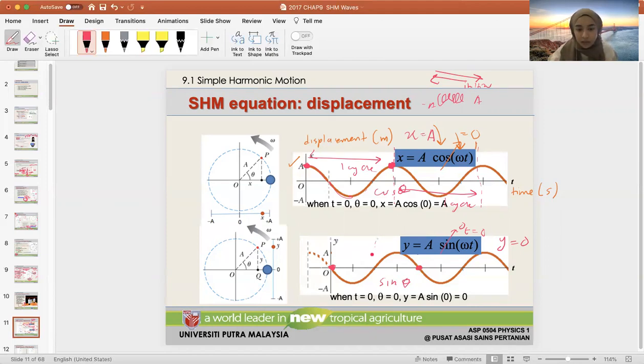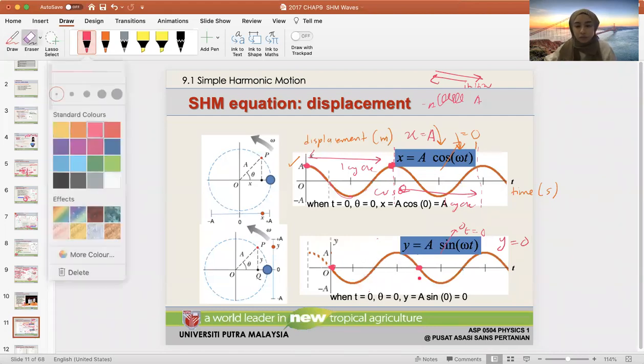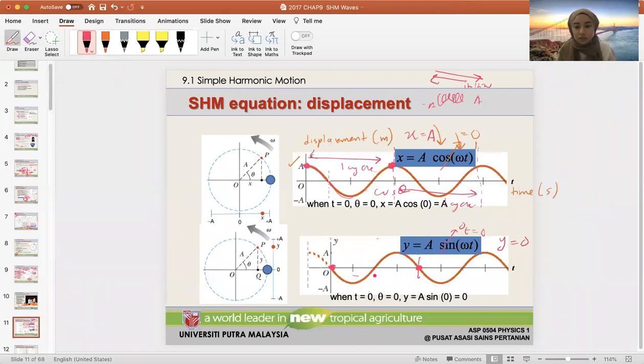Okay, so if I cut it here and assume this is one cycle, is it the same as this one? No, it's not, because SHM must be repetitive over the same path. So here, if I say this is one cycle, it's wrong. It's not repetitive. So when does it become repetitive? It becomes repetitive when I cut it here. So this is one cycle.